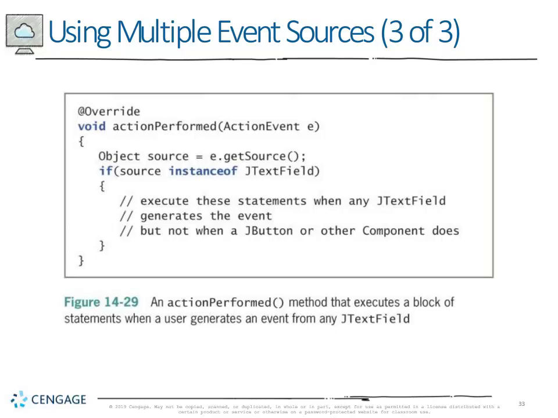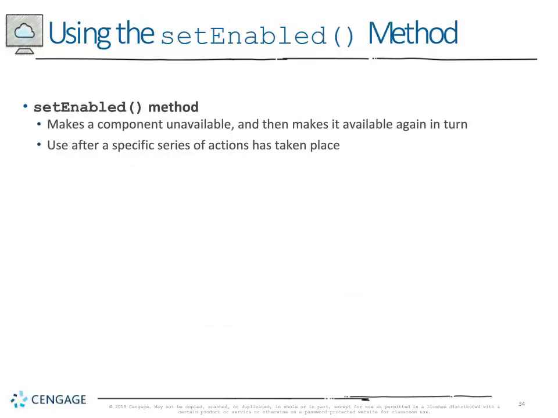If you have multiple JTextFields registered with the action listener, it cannot determine exactly which JTextField object it is. The setEnabled method allows the user to make a component disabled or unusable, or enabled and usable. You can use the setEnabled method to make a component available or unavailable by passing true or false to it.